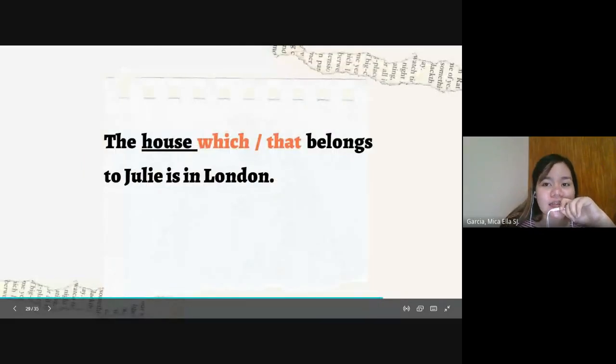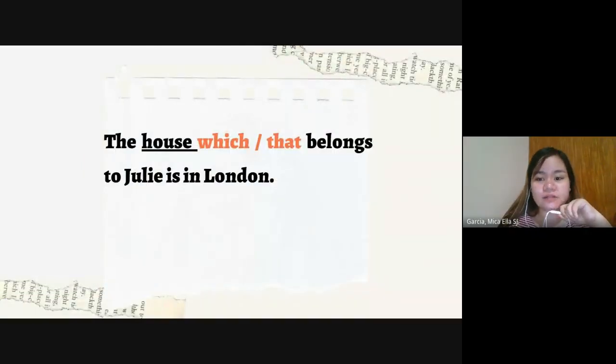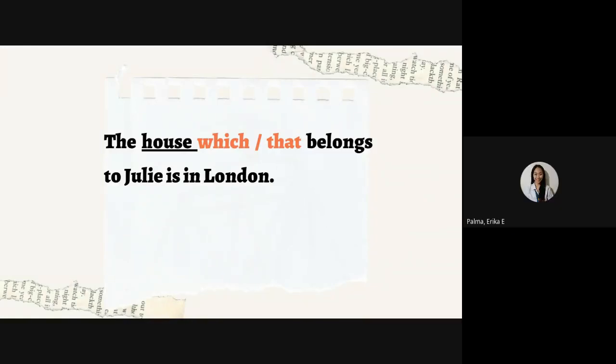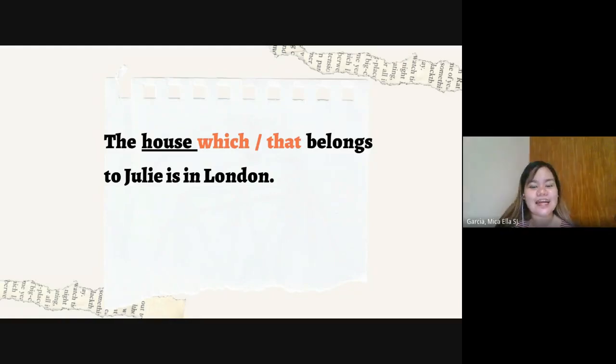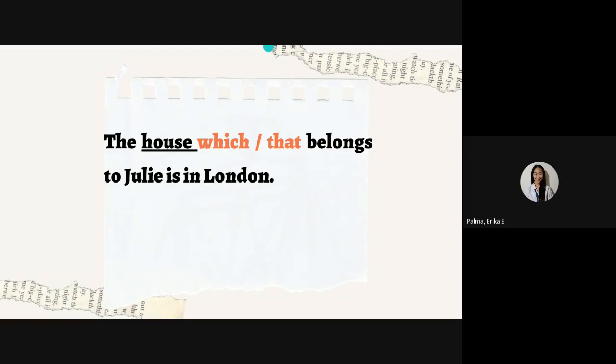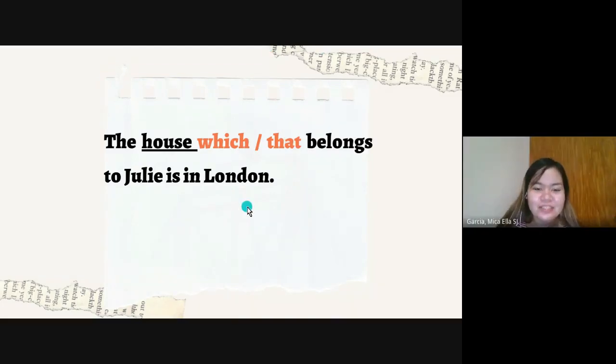So will you please read the sentence here? Yes, Erica. The house, which or that belongs to Julie, is in London. All right. So the subject here is the house. Very good. The subject in this sentence is the house. That's why the relative pronoun used is which or that.